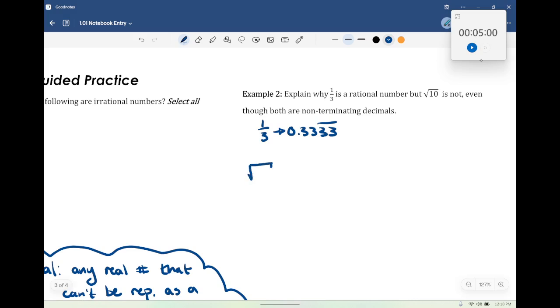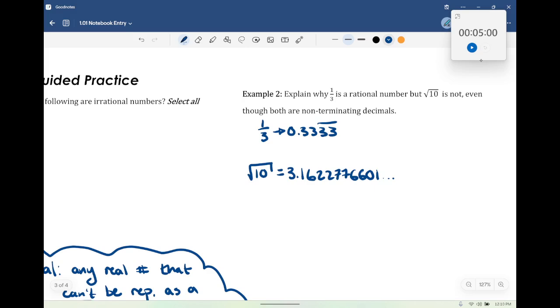However, the square root of 10, if you were to put this in a calculator, you get 3.162277660, and then it keeps going.